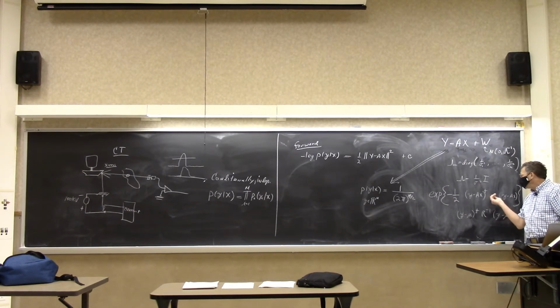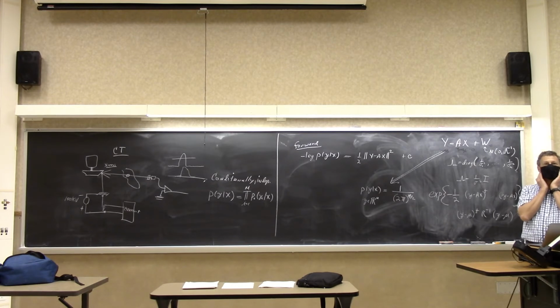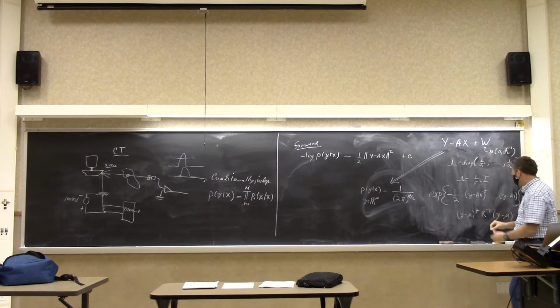So now what's this thing? It's the conditional covariance. So what's the conditional covariance of y given x? I'm hearing a lot of good things, but it's going to be this lambda inverse. The key idea is this.